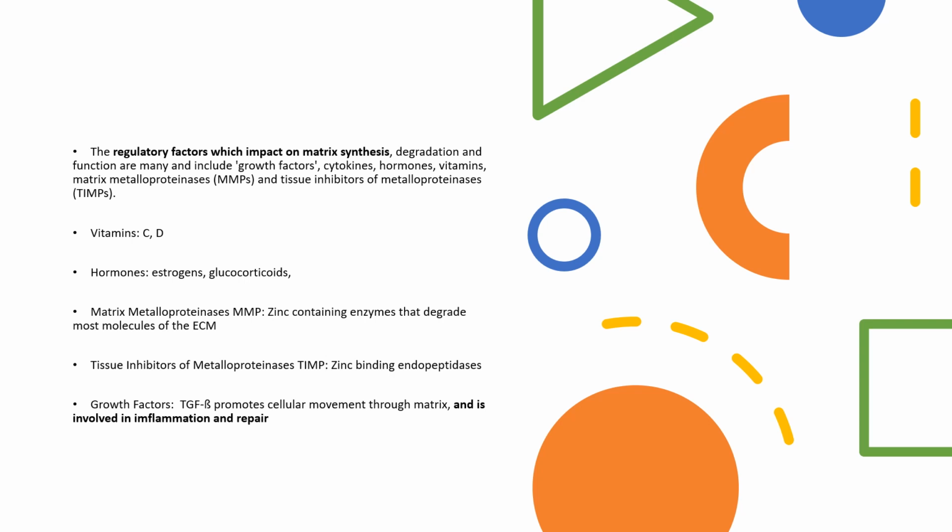Talking about the vitamins, a list of matrix regulators might historically start with the recognition in the 18th century that vitamin C was an essential nutrient required for hydroxylation of proline to hydroxyproline, and consequently for the stability of the collagen triple helix. And further, vitamin D plays an important role in the dynamic reactions of the matrix of bone.